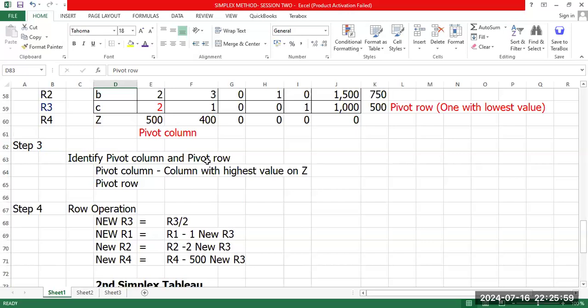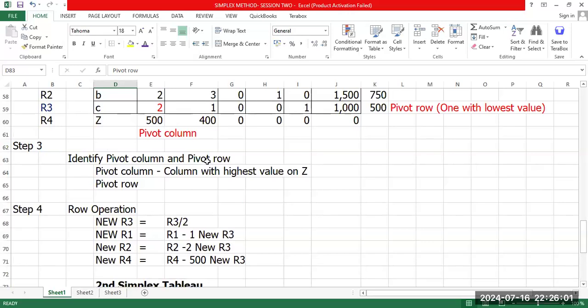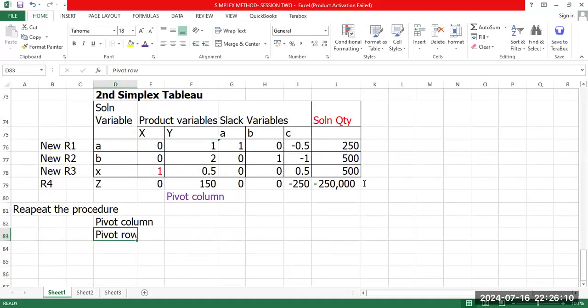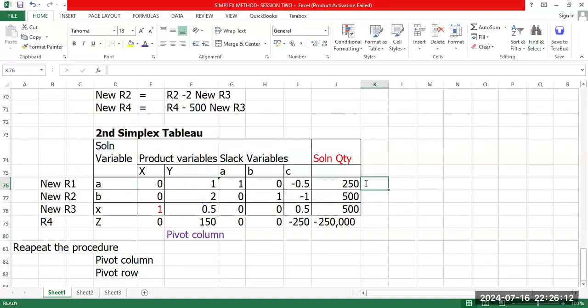Pivot row, it's 250. Divide by which value? You're going to divide it by 0.